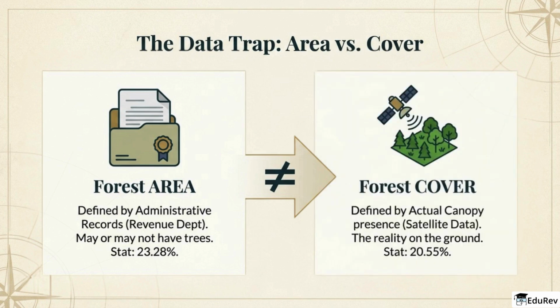Forest cover, on the other hand, is defined by actual canopy presence, usually through satellite data. That is the ground reality. The number given here is 20.55%. So one is a legal administrative category, the other is an ecological reality.